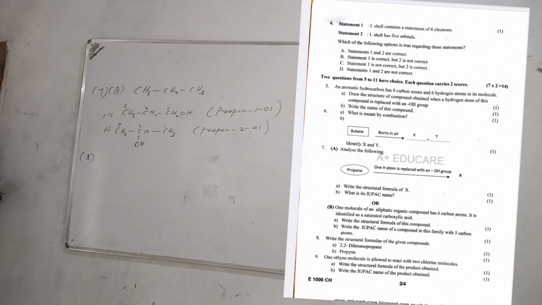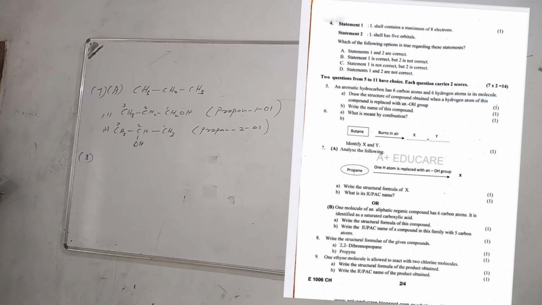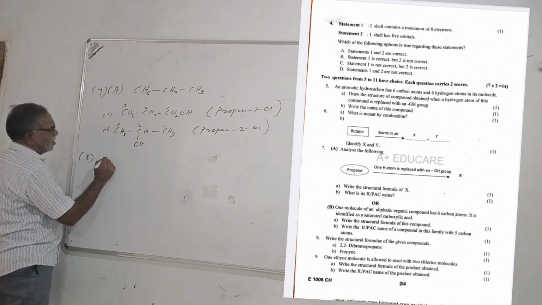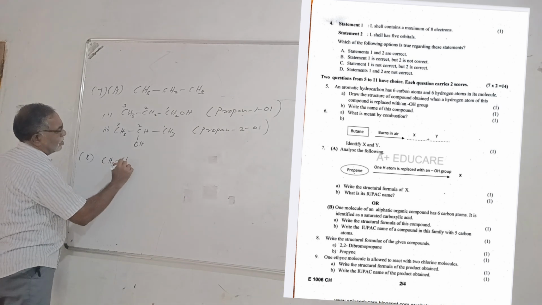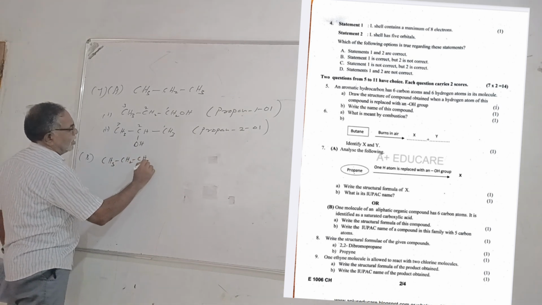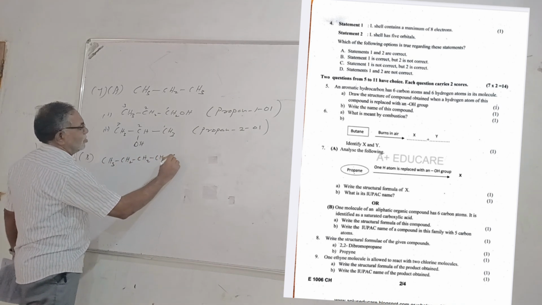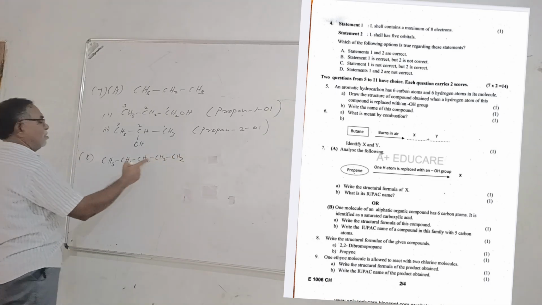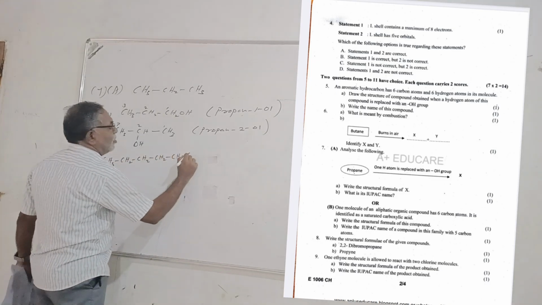One molecule of an aliphatic organic compound has 6 carbon atoms. It is identified as a saturated carboxylic acid. So, carboxylic acid, COOH is the functional group. One molecule of an aliphatic organic compound with 6 carbon atoms. So, we can write CH3, CH2, CH2, CH2, CH2, 1, 2, 3, 4, 5, COOH.